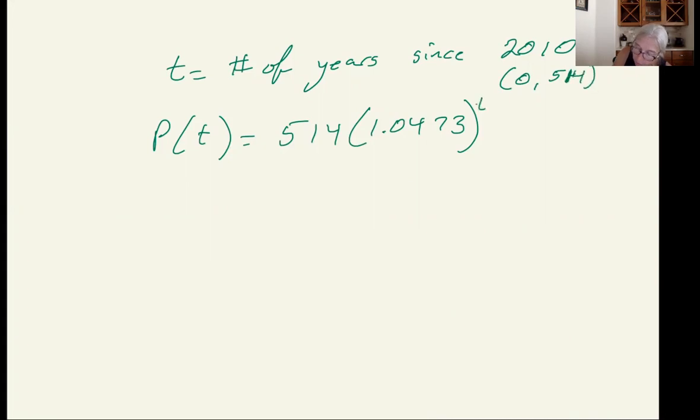And so all I would have here is a T, because it would be really T minus 0, and the minus 0 I don't need to say. So in 2011, that would be just 1 year later.